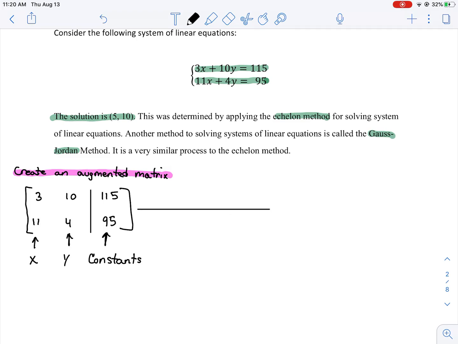And the goal is to use transformations to create the following.